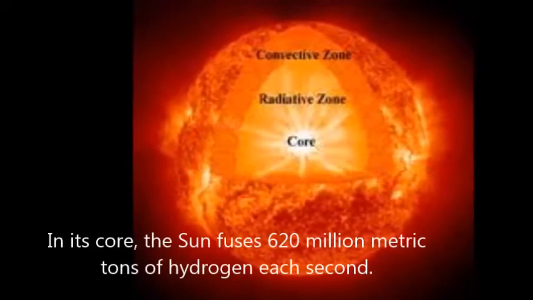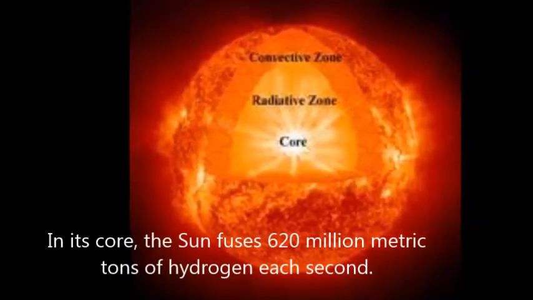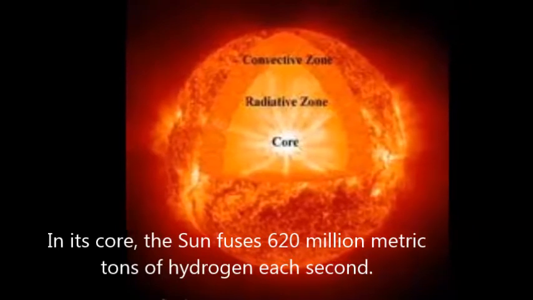In its core, the sun fuses 620 million metric tons of hydrogen each second.